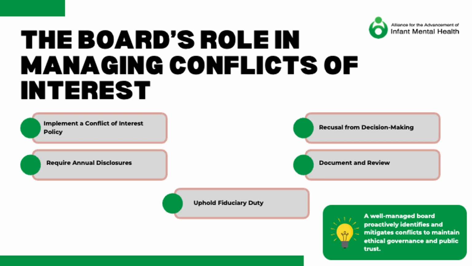So when you think about your role in managing conflicts of interest, you need to make sure that you have implemented a conflict of interest policy, that you require and complete annual disclosures, that you recuse yourself from decision making in which you have personal or business gain, that you document the review, and that you always uphold your fiduciary duty.